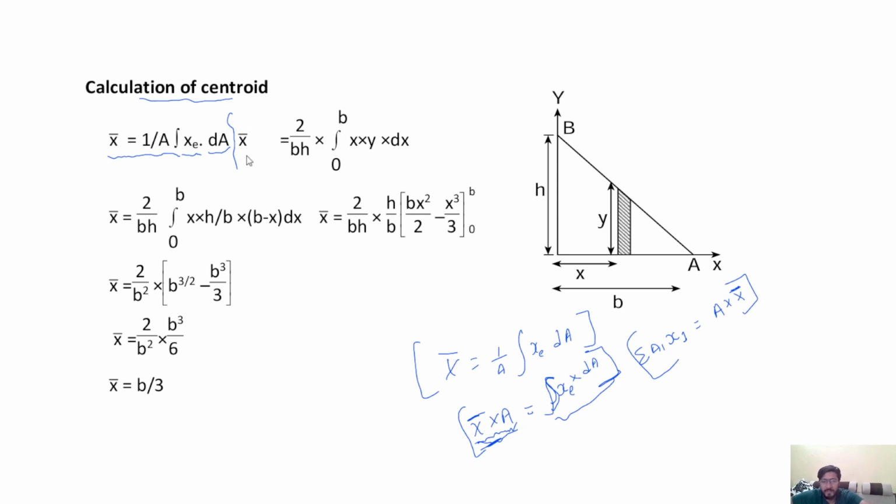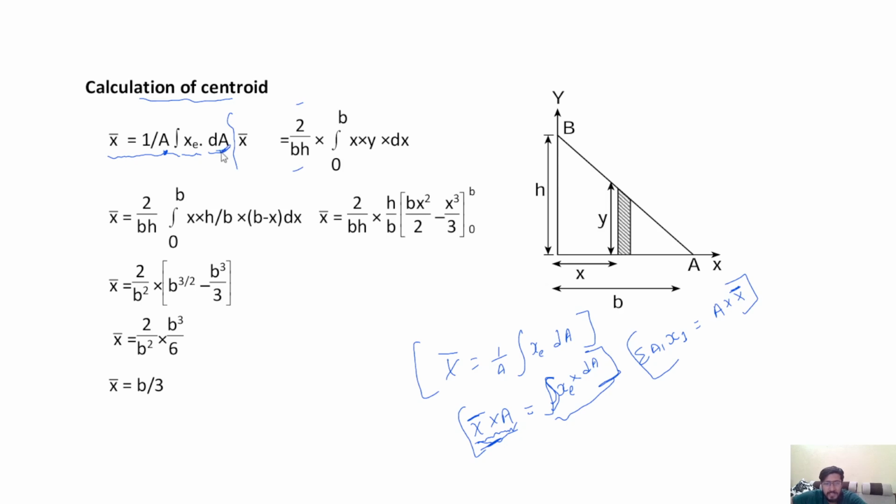and from this, the area we have already determined as bh by 2, so that means 1 by bh by 2, that is 2 by bh, times the integration of xc dA.